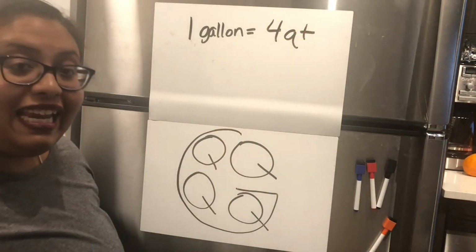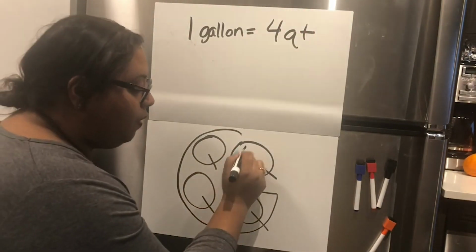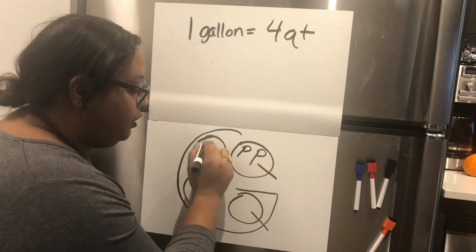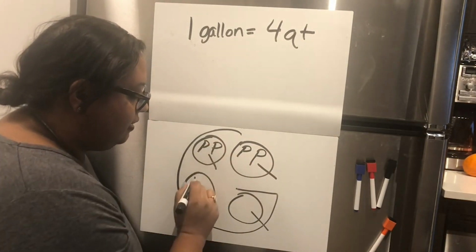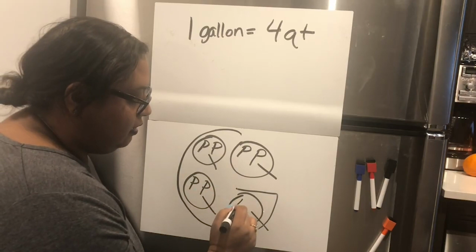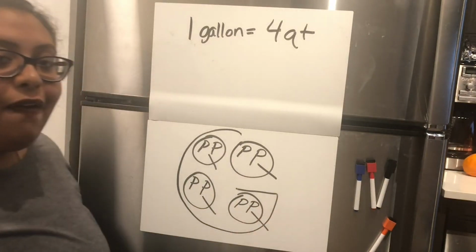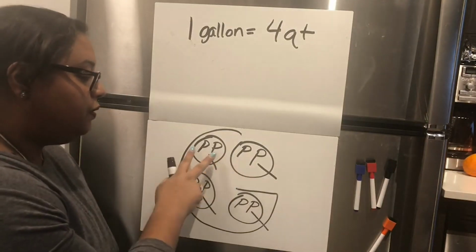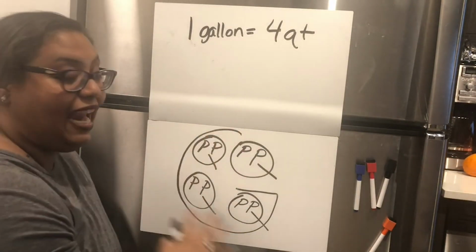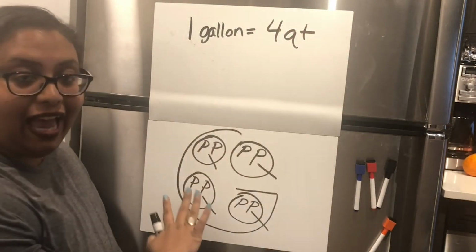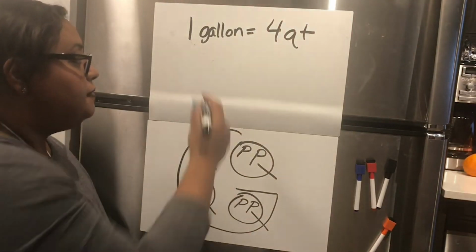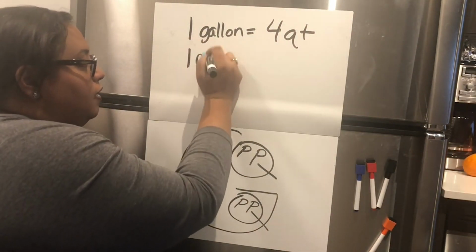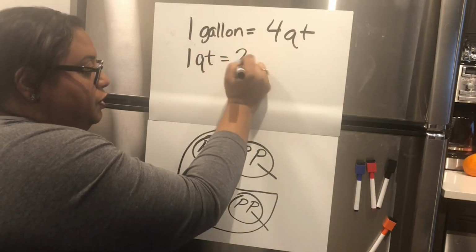And then each quart can hold 2 pints. So if I'm thinking about how many pints are in the entire gallon, I'm going to count 2, 4, 6, 8. There are 8 pints in a whole gallon, okay? So 1 quart holds 2 pints.